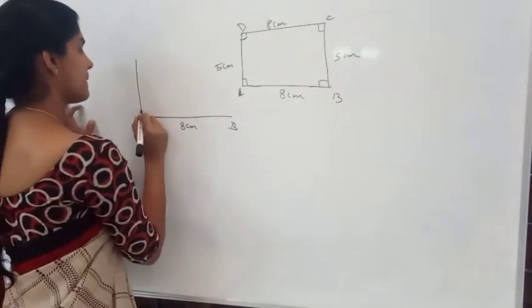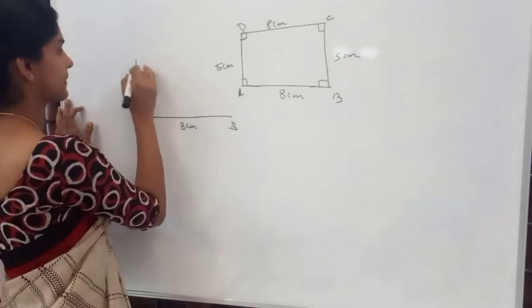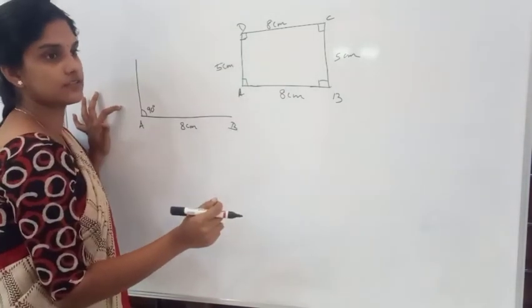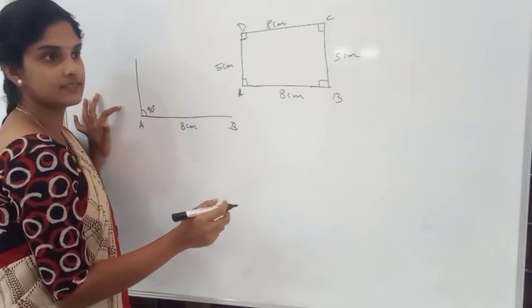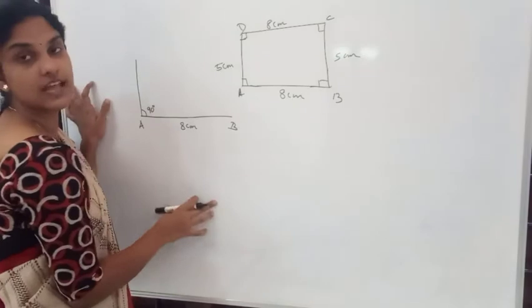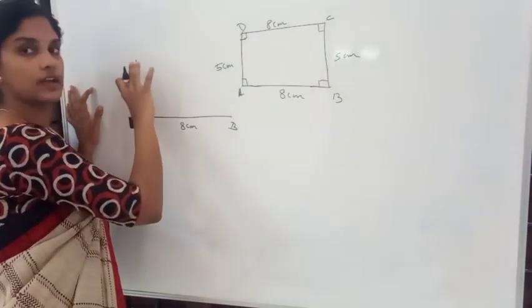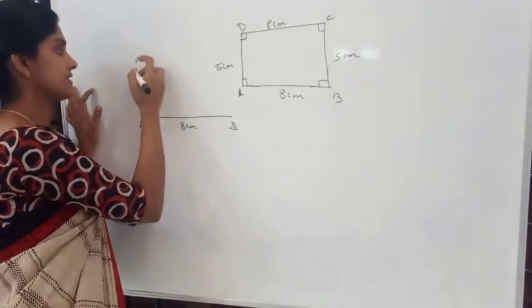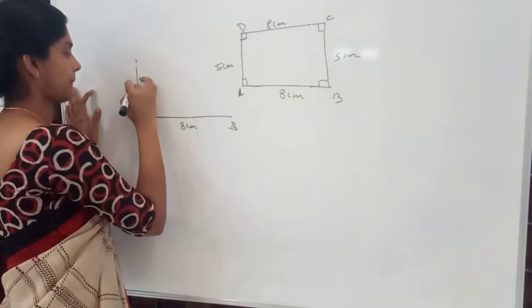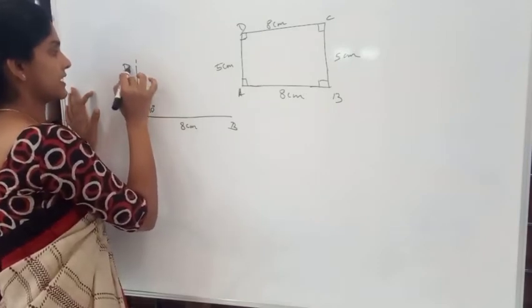So we will measure here 90 degrees. And we know that the breadth of this rectangle is 5 centimeter. So take 5 centimeter in the compass. Place the compass over here and mark 5 centimeter on the line. Name this point as D.